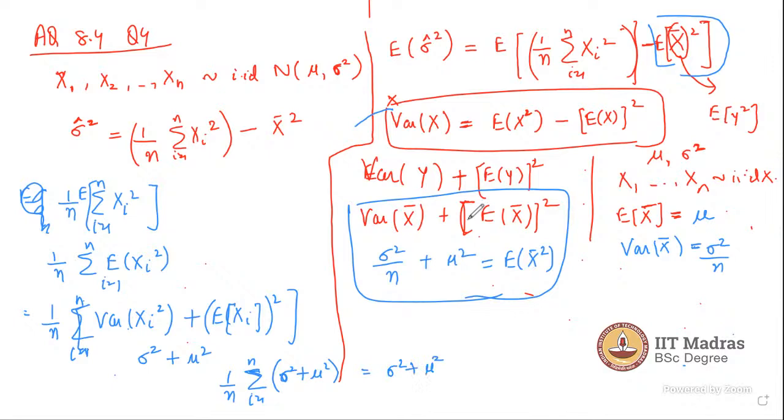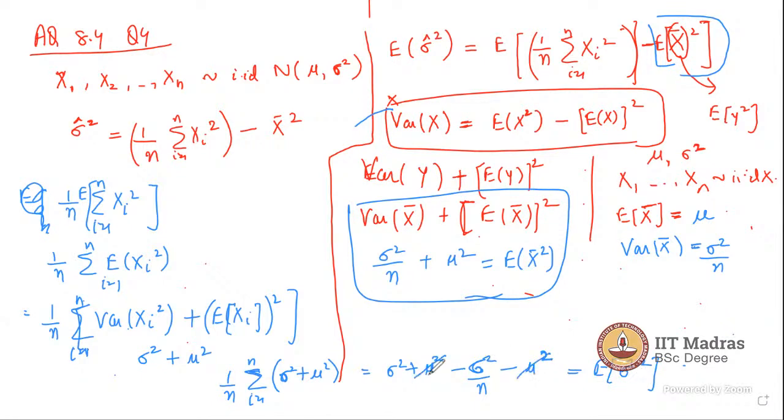And from this part, minus expectation of x bar whole square, you have minus sigma square by n plus, sorry, so this will be again minus. So this is just the expectation of sigma hat square, right?